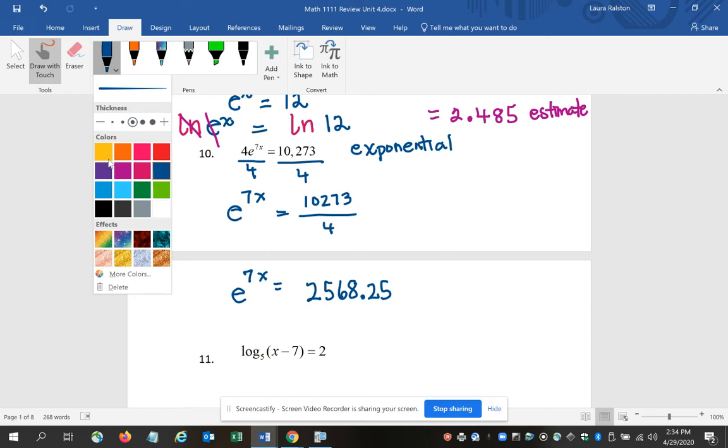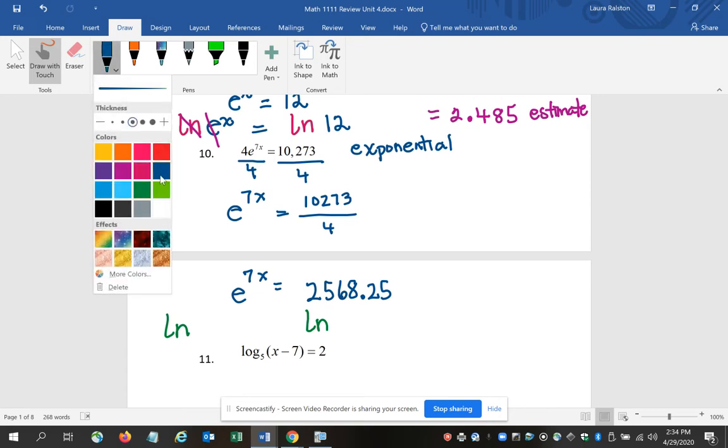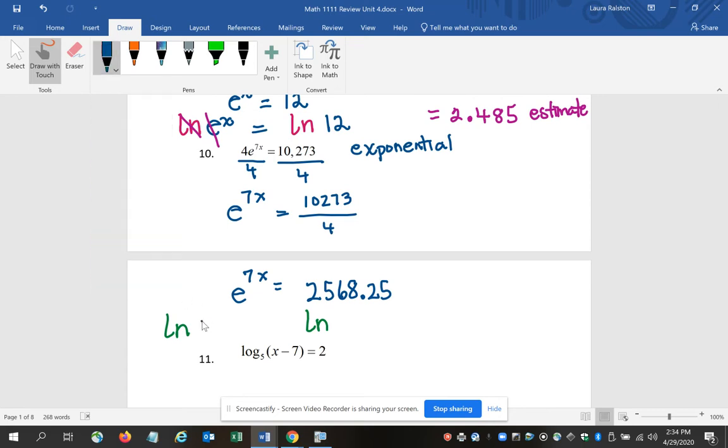To undo base e, we use the natural log. So I'm going to take the natural log of both sides. So I have the natural log of e to the 7x equals the natural log of 2,568 and 25/100ths.